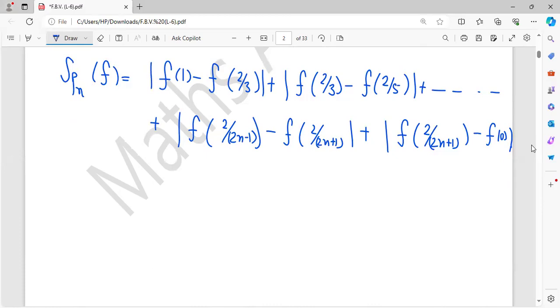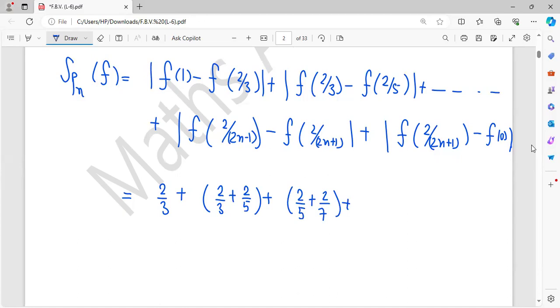After taking the absolute value, you will get 2/3. Similarly, you will find 2/3 + 2/5, then 2/5 + 2/7, like that.